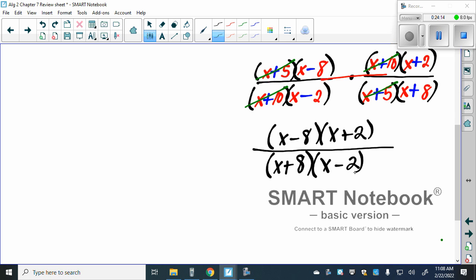If you have them in a flipped order, had in the numerator x plus 2 first instead of x minus 8 first, that's fine. If you have the x minus 2 first on bottom instead of x plus 8, that's fine. And this here is as simplified as it gets. The only way we could have canceled something out on top and bottom is if the signs for both of them were opposite.